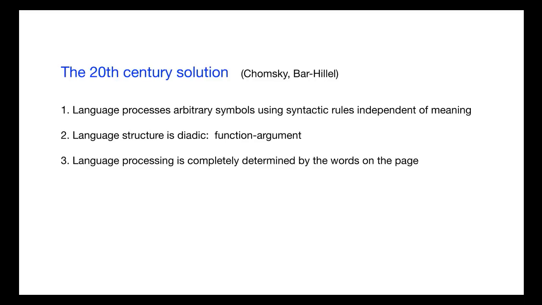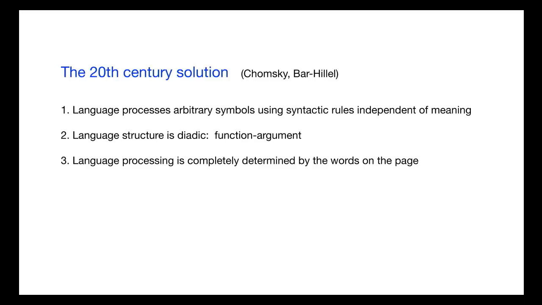Second, the language structure is dyadic, function-argument, like in mathematics. So there is a subject and a complement in the sentence, and the complement has a verb and an object. Each of these is two parts, and it goes on in steadily more detail. And third, that language processing is determined completely by the words sitting on the page.